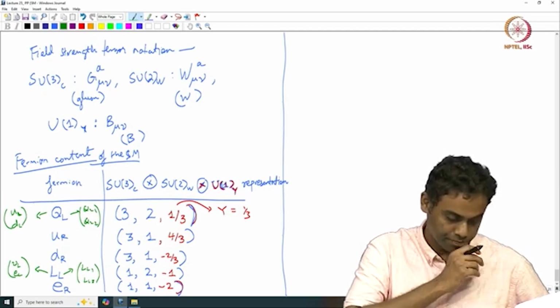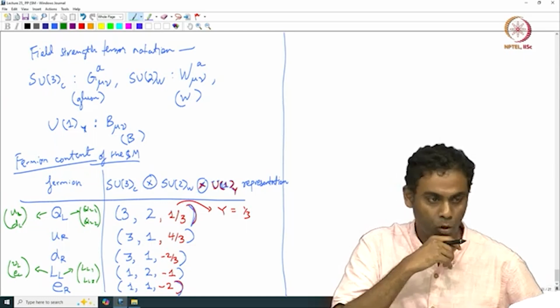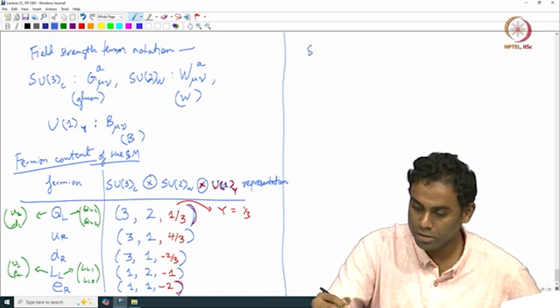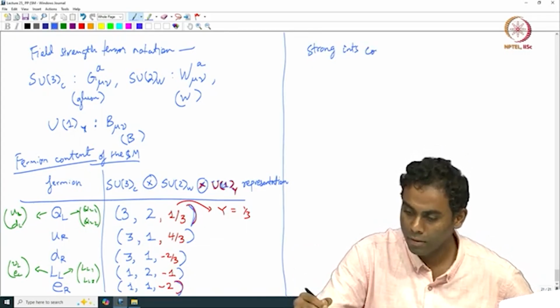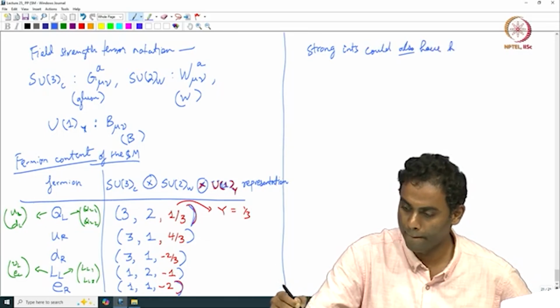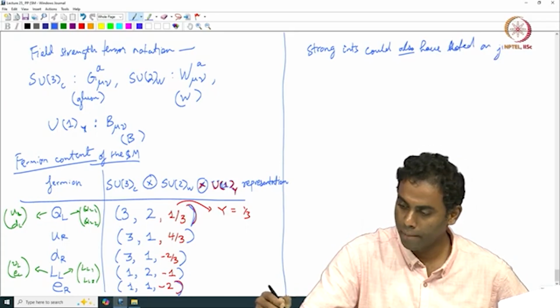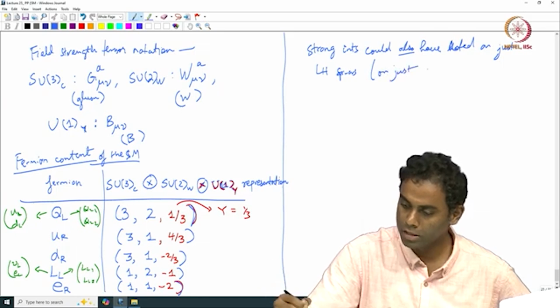Again, one point I want to make here is that the strong interactions could also have acted on just the left-handed spinors, or just the right-handed spinors.